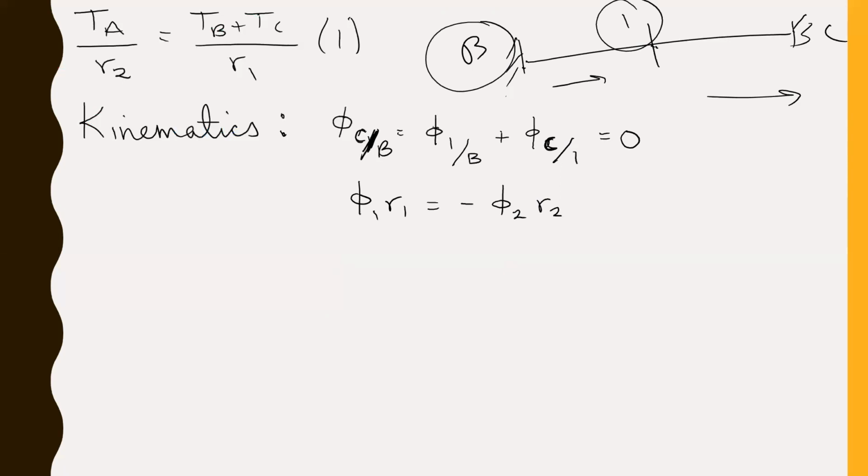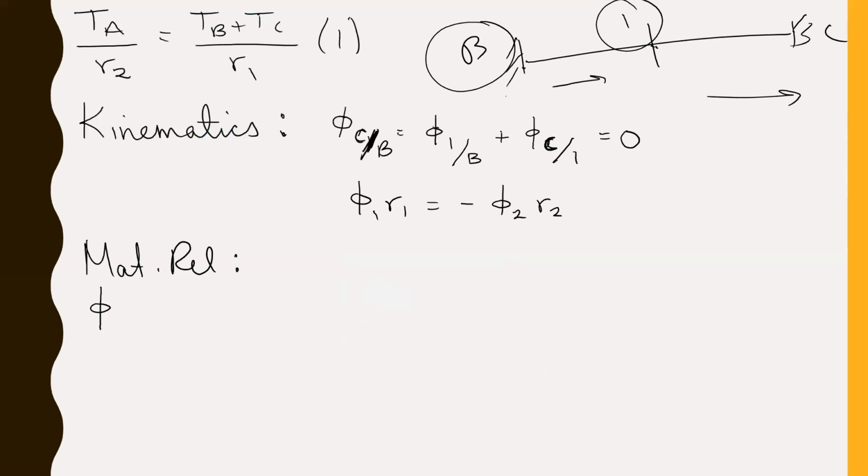All right, so now we can look at material relations. And we say that the rotation, so the things we're going to write down are going to be for each of the shaft sections.